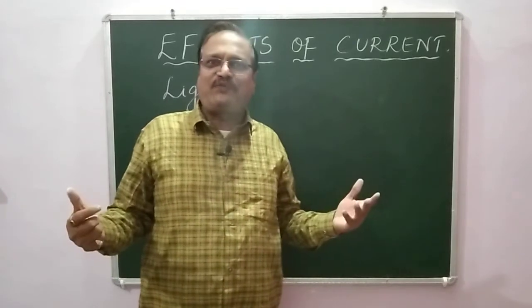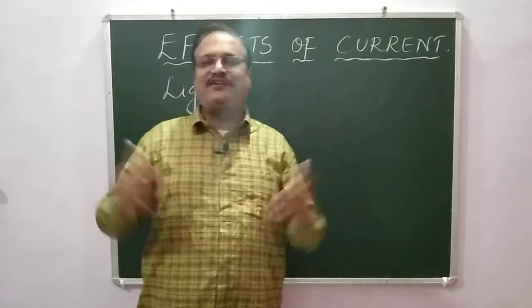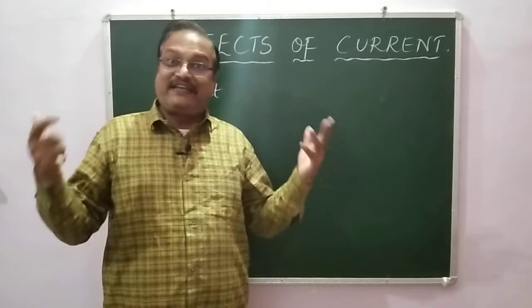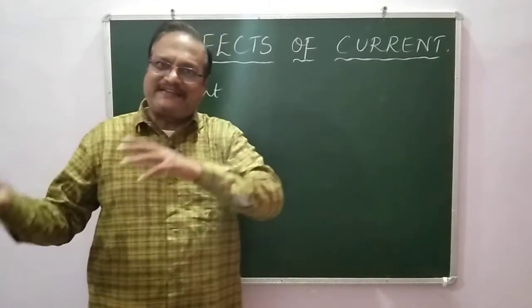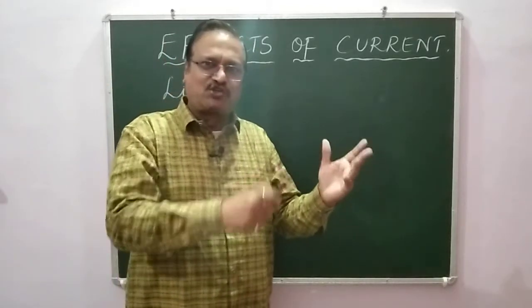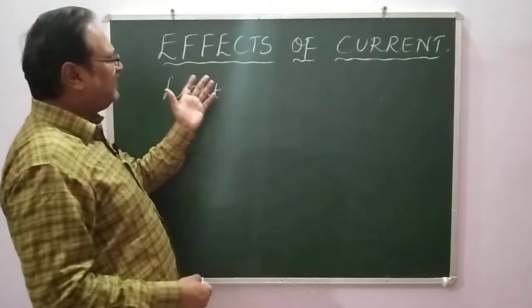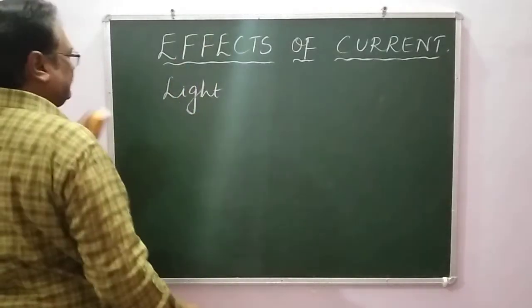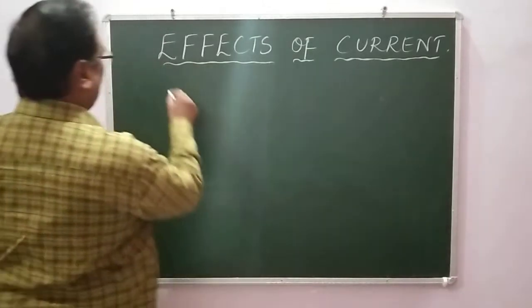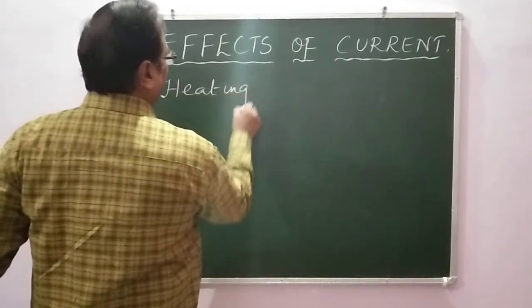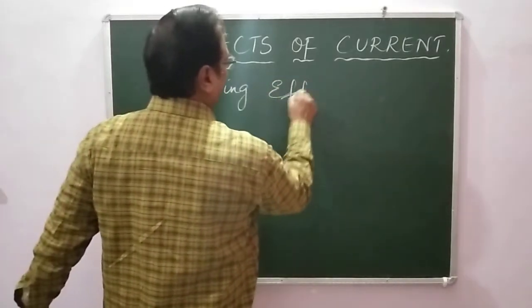In winter season what do we do? We use room heaters, and with heaters, electricity is changed into heat energy. So one of the main effects of electric current is the heating effect. Now in this video we will study the heating effects of electric current.